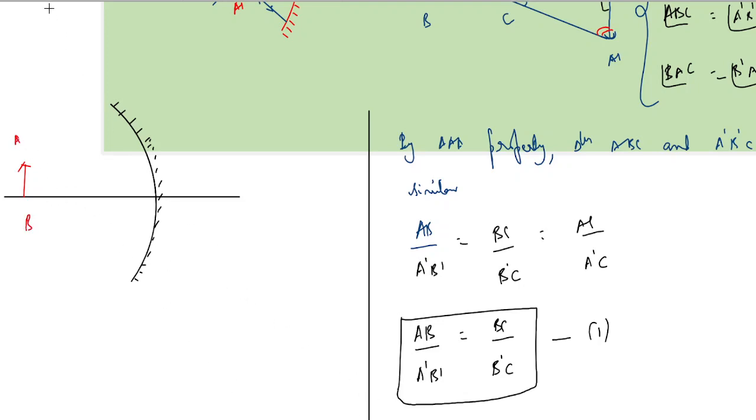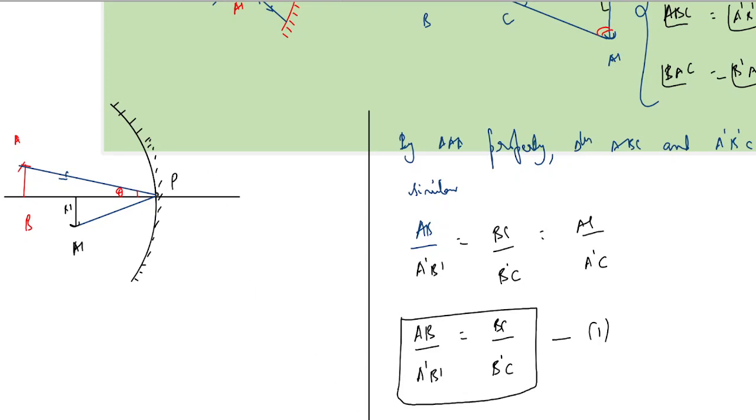We'll draw one light ray which would pass to the pole, like this. In this case, the angle here is the angle of incidence theta. This would be the incident ray, and the light ray would be reflected, making the same angle with the principal axis, like this. We'll call this A dash B dash. This is the point P.